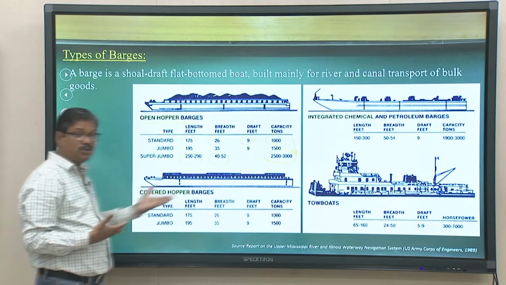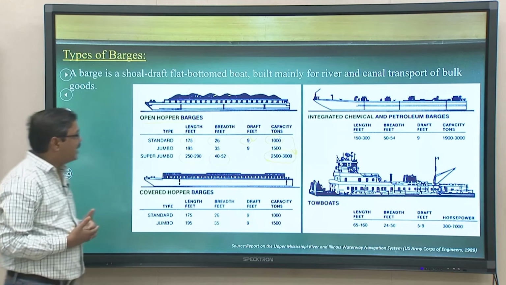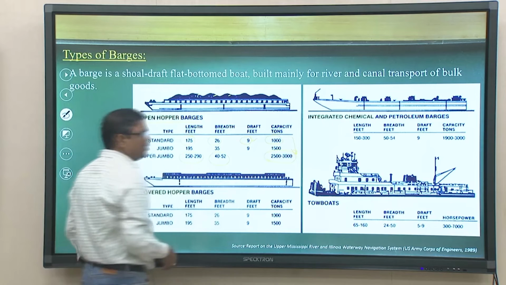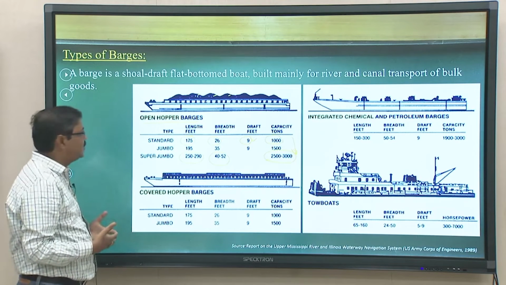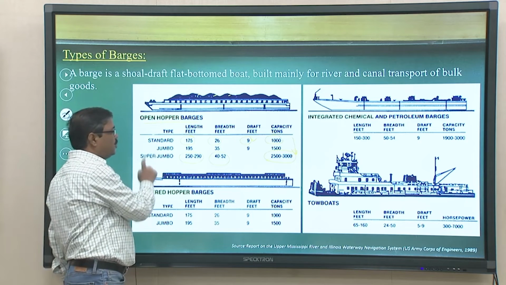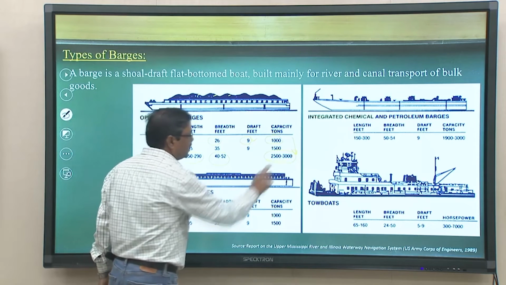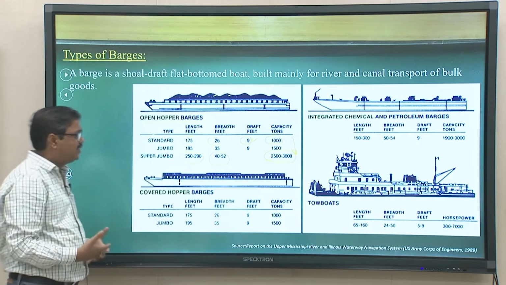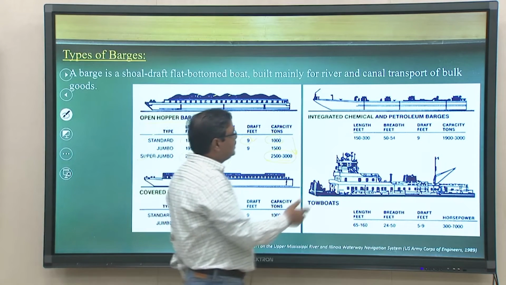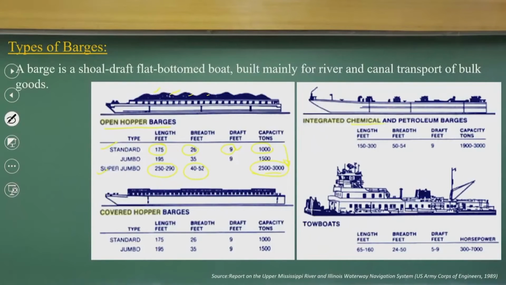But there are issues. If you look at it that way, you can see how many tons of materials we can carry with a standard barge or the super jumbo, which will carry as high as 3000 tons. But nowadays you also have integrated chemical and petroleum barges.